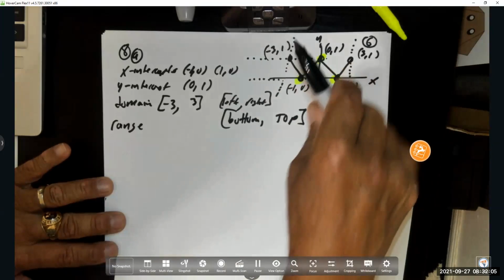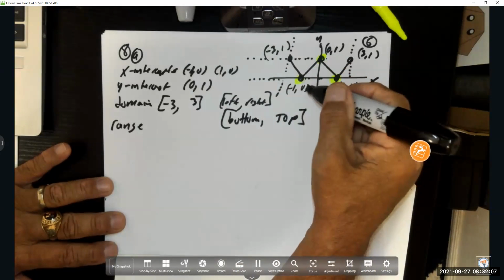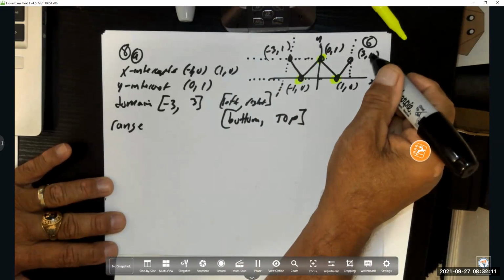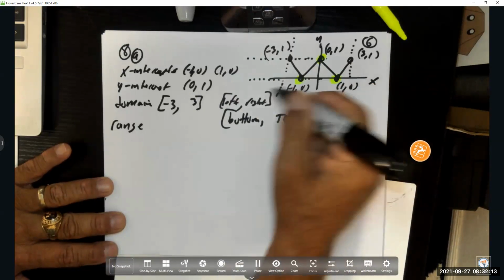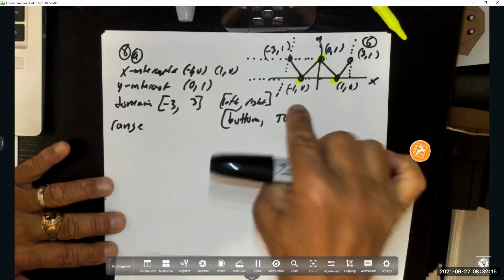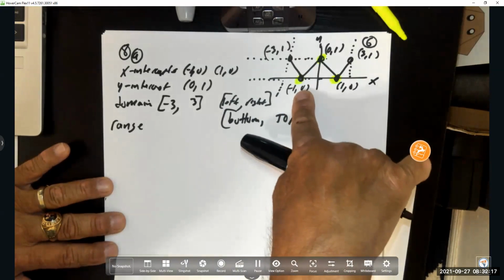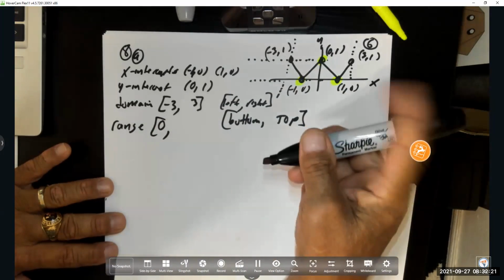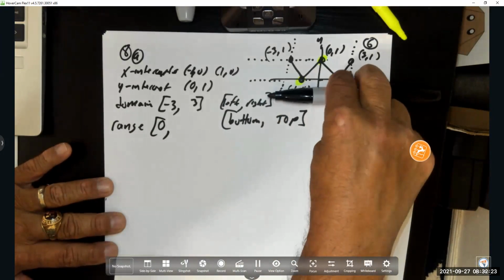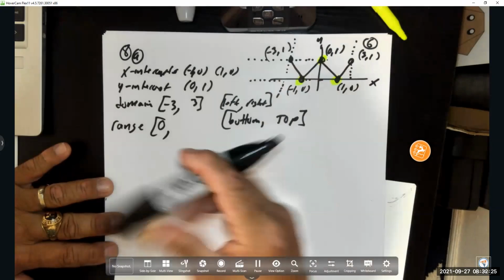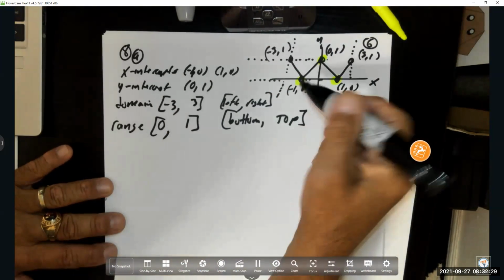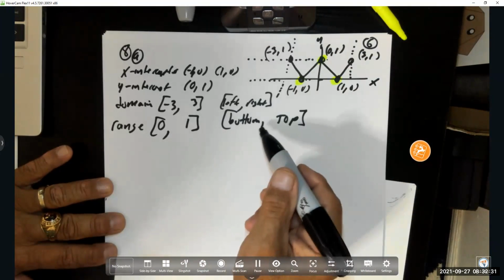So for the bottoms, look at the second numbers. It goes 1 and 0 and 1 and 0 and 3 and 1. So the second numbers, the lowest number in the second ones is what? 0. Okay. And the top, the highest number, how far up does it go? Look at the second numbers. 1. Yes or no? Like this. So it goes bottom to the top. The bottom and top of the graph.